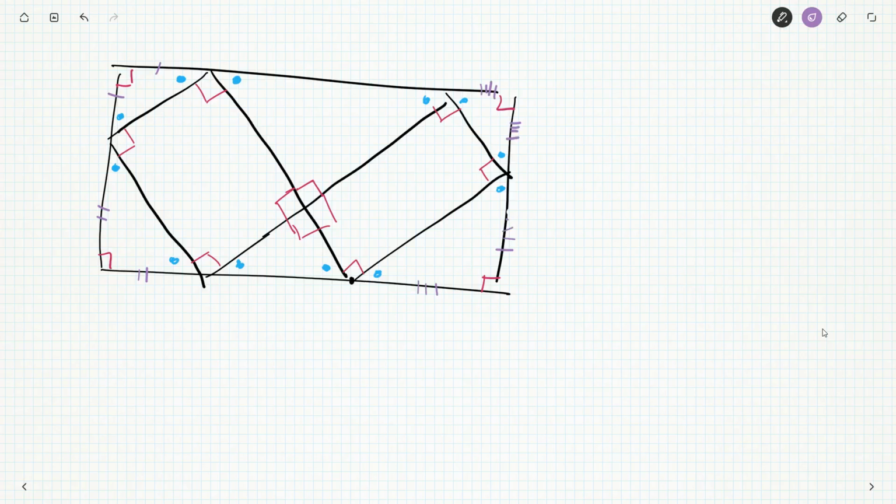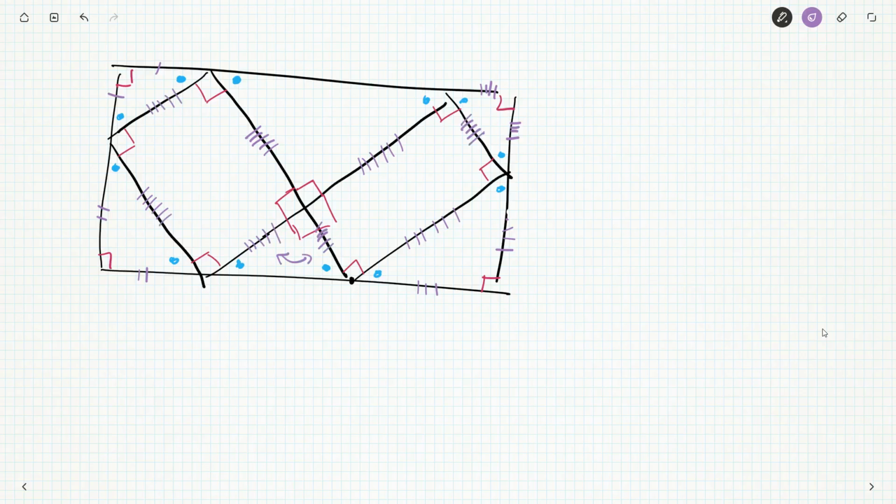And I also know things like these lengths: because they're opposite in rectangles, they must be the same length. But then, it's isosceles, so these are the same. And opposite in a rectangle, these are the same.